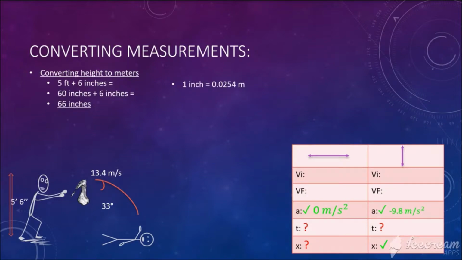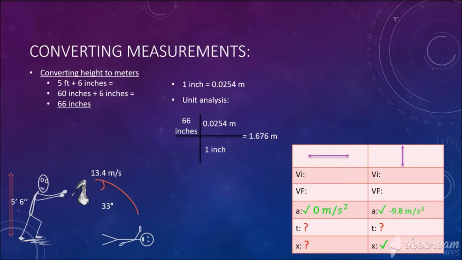Once you have 66 inches, you know that 1 inch is equal to 0.0254 meters. Then you can use unit analysis to figure out how tall Melanie is in meters. You take the 66 inches and multiply it by 0.0254 meters over 1 inch, and the inches cancel out, so the answer is 1.676 meters.